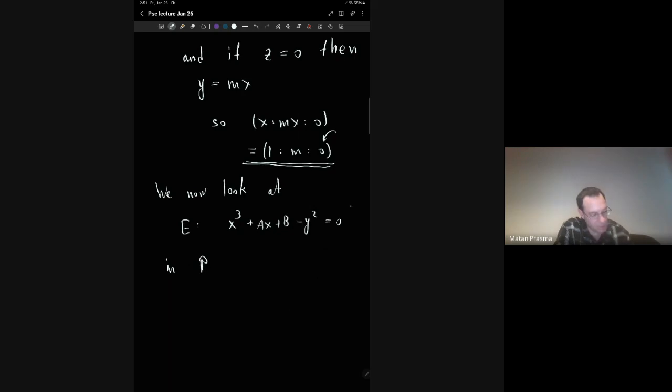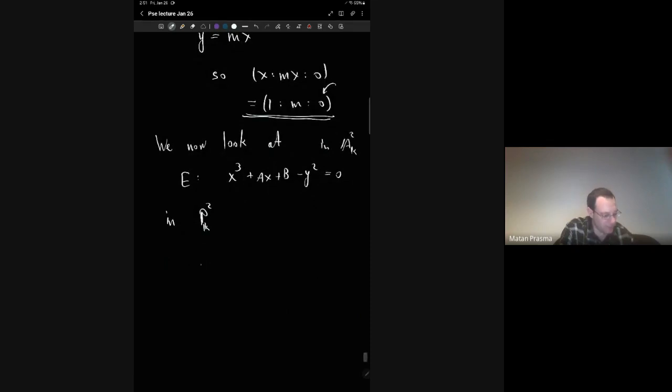So this is in the affine space A2. In P2, what I get, maybe we call it E prime, is still x cubed plus a x z squared plus b z cubed minus y squared z equals 0.